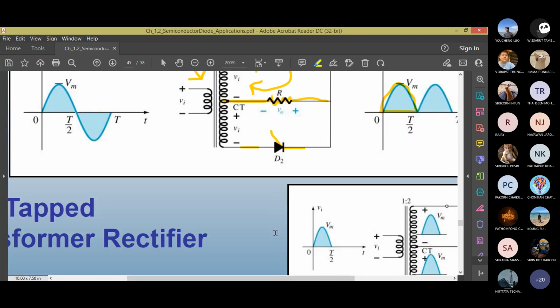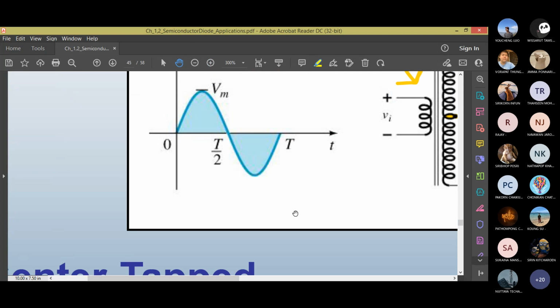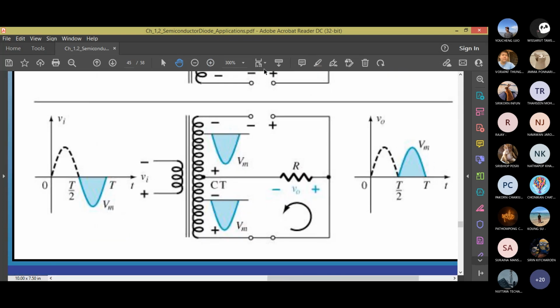What happens during the negative half cycle? It is given on the bottom part of this slide. Let's do a negative half cycle. So overall, on top you have negative voltage, and on the bottom you have positive. But because of the center tapping here, you have to assign the polarity.